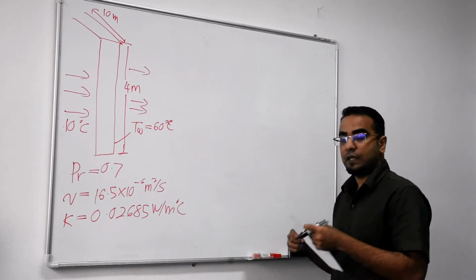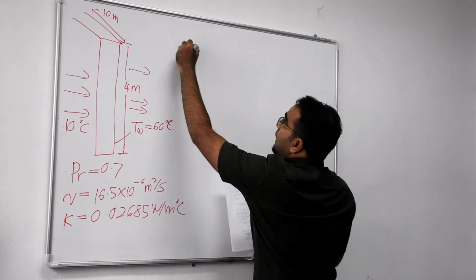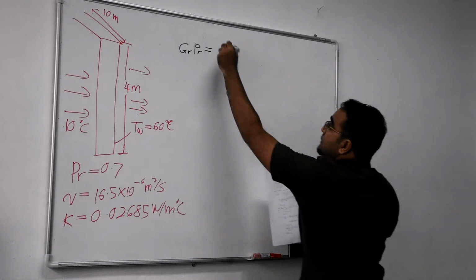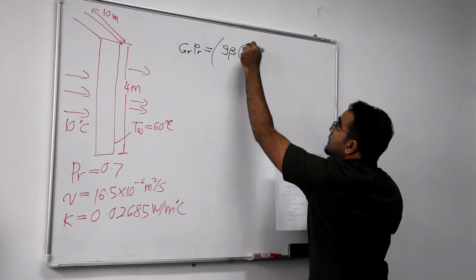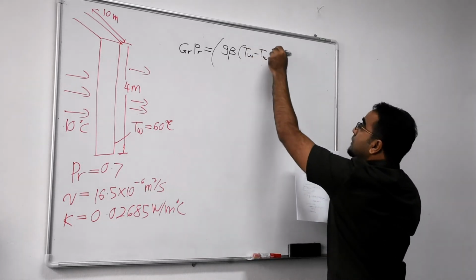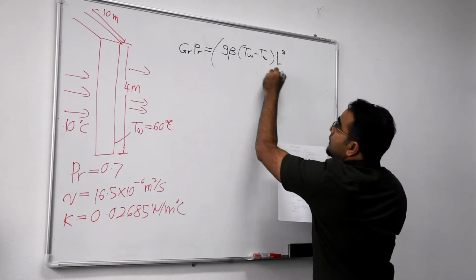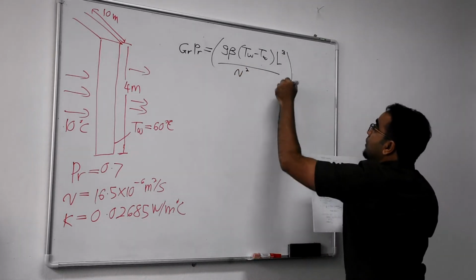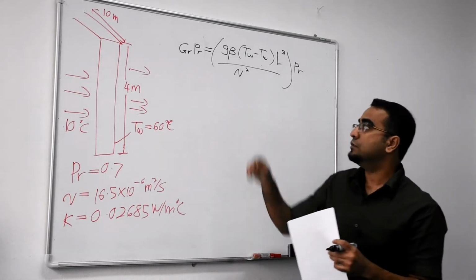If air is an ideal gas, then we can use our Gr Pr equation, which for an ideal gas is g beta times (T wall minus T infinity) times the characteristic length to the power of 3, over kinematic viscosity squared, times your value of Pr. So if it's an ideal gas, we can use this equation.